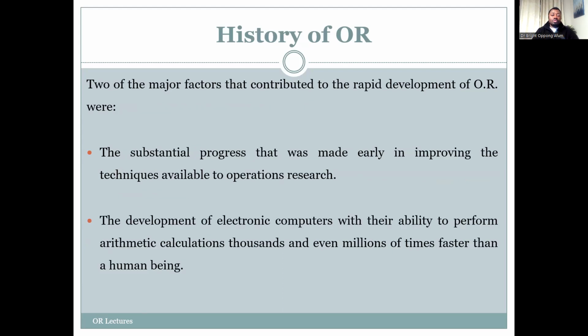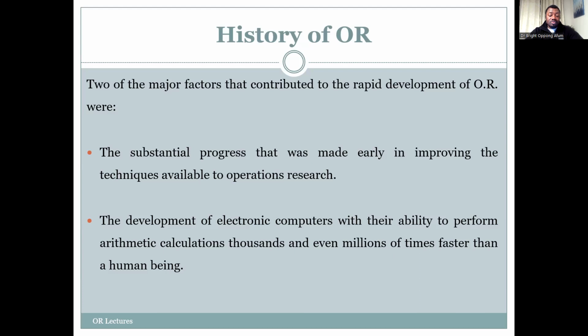Two of the major factors that contributed to the rapid development of operations research were: one, substantial progress was made early in improving the techniques. Most of the techniques that the group adopted were improved upon.